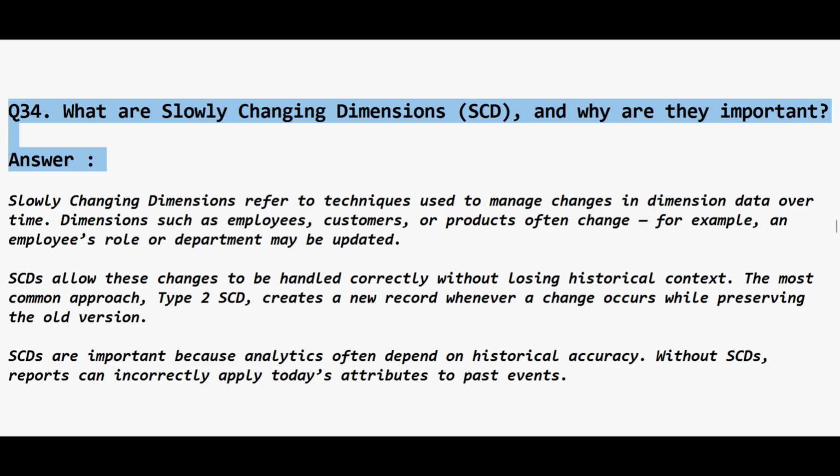SCDs allow these changes to be handled correctly without losing historical context. The most common approach, Type 2 SCD, creates a new record whenever a change occurs while preserving the old version. SCDs are important because analytics often depend on historical accuracy. Without SCDs, reports can incorrectly apply today's attributes to past events.